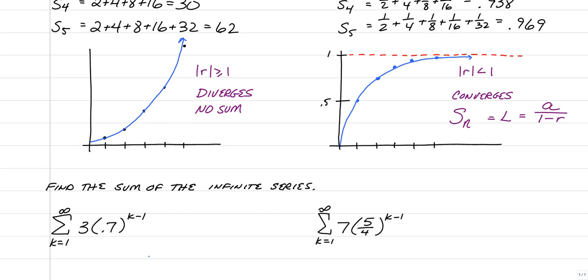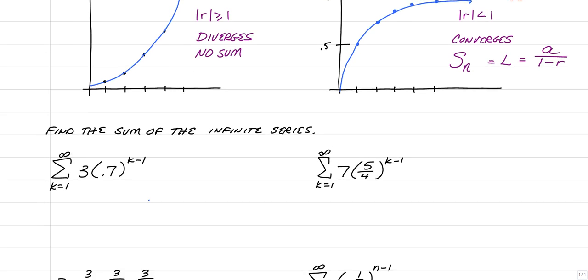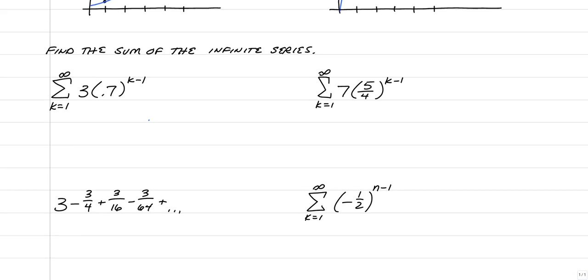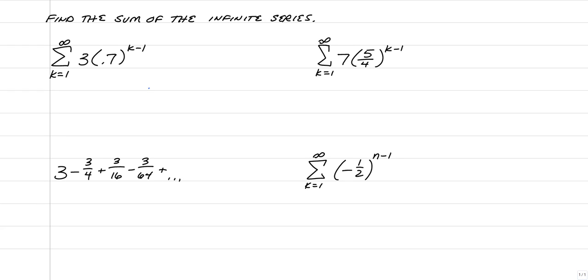So if we find that the absolute value of our rate is 1 or bigger, we just say it diverges and there's no sum. If we do have a rate that's less than 1, then all we have to do is substitute it into the formula and we'll be good to go. So let's do the first one together. We have an infinite series, which has an infinity at the top.